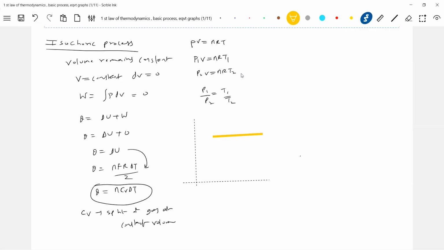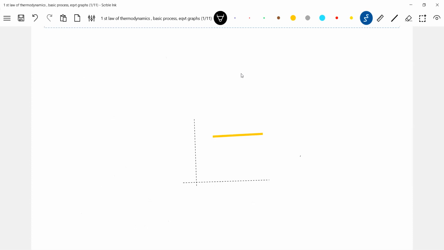Okay, there's a volume and there's a pressure, and there's points 1 and 2. So what is this? Volume constant, pressure increases. So what is the work done? Work done will be 0. What about the temperature? Can we say anything about temperature?